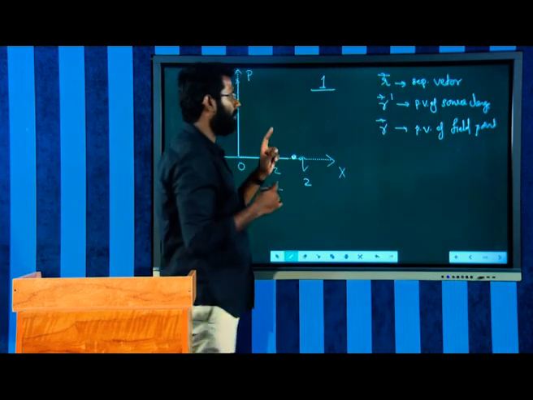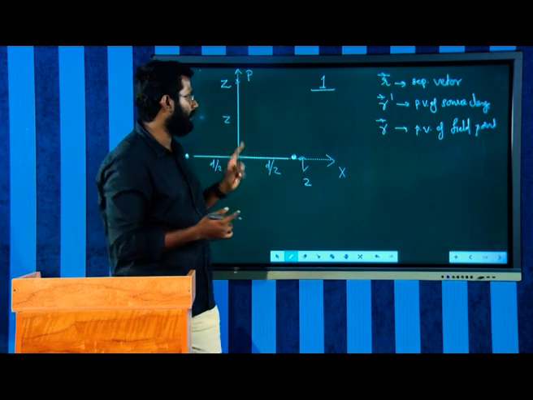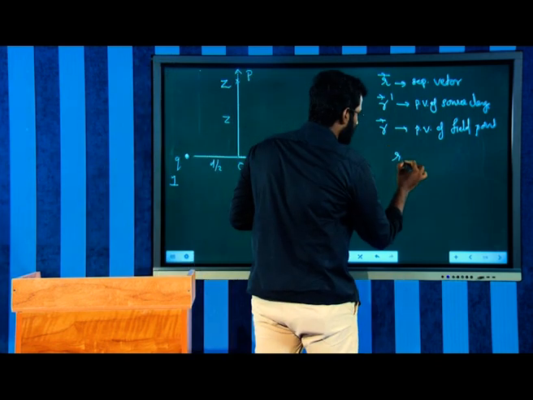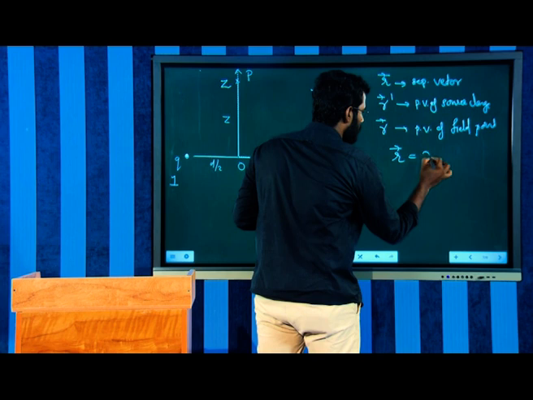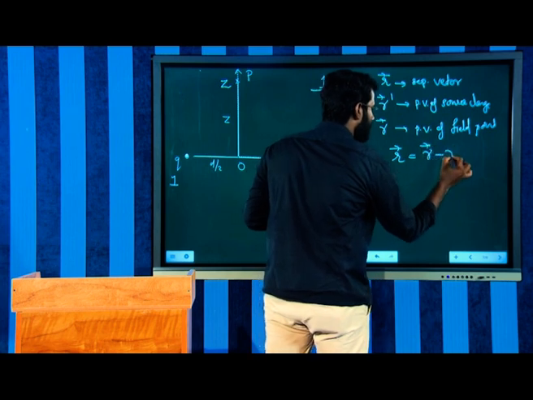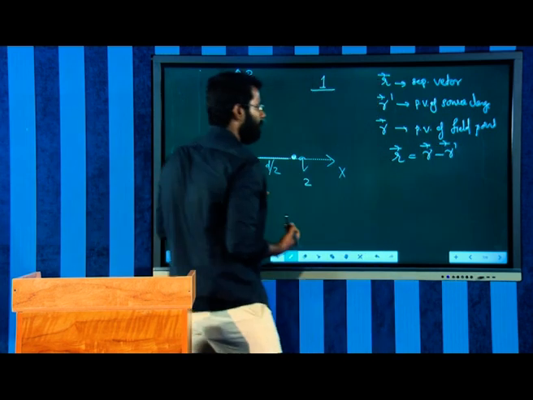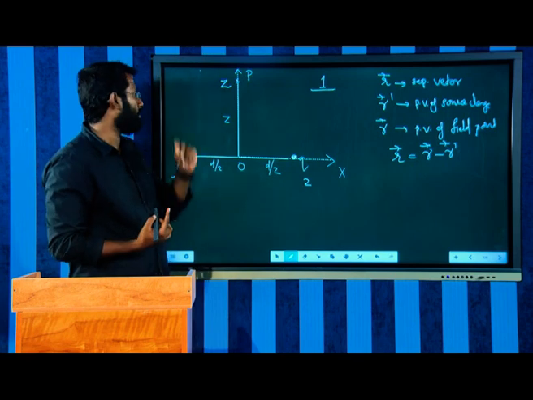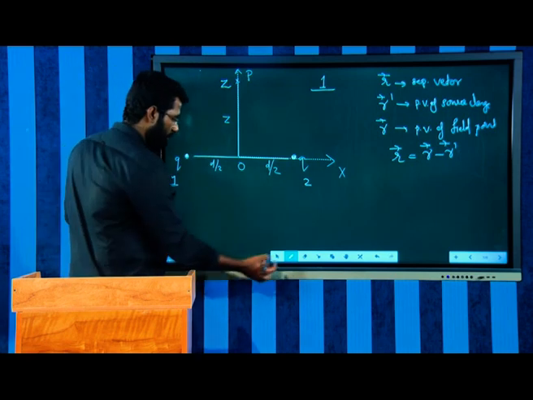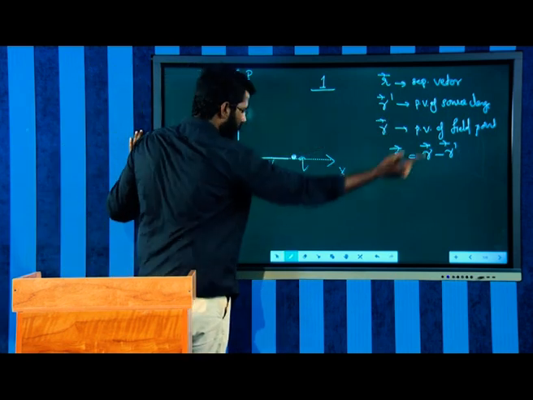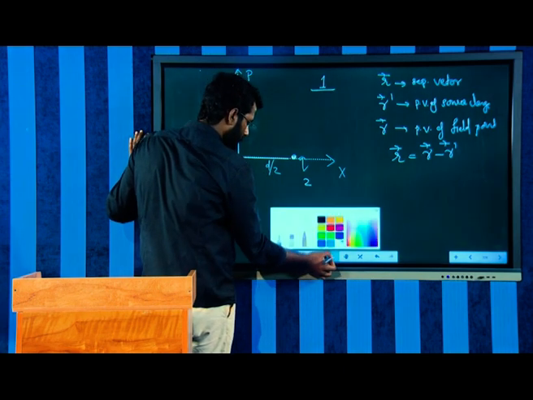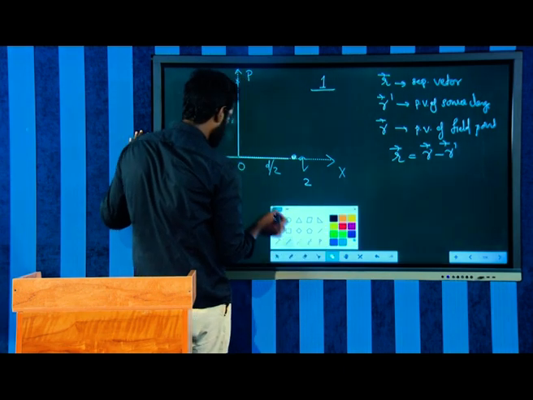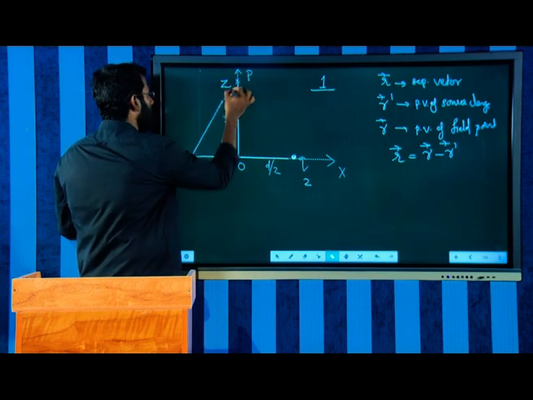And as we have done before, we know that the curly r, the separation vector, is equal to r minus r dash. Now we have two separation vectors here. Let me draw them first, then we will calculate the position vectors and all. So this is the first separation vector.